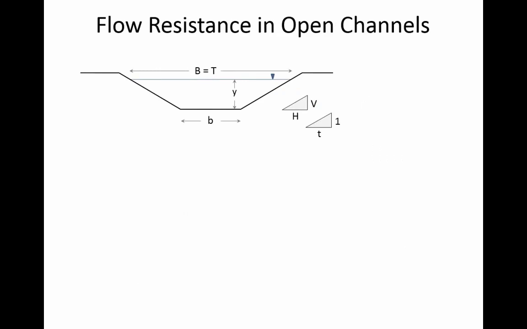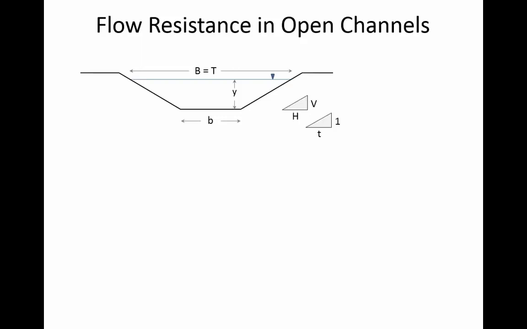So we've talked about pipes mostly. Let's briefly talk about open channels, even though we really won't get into it until the second half of the semester. Here's a trapezoidal channel, and the geometry of a trapezoidal channel is a little bit more complicated than it is for a rectangular channel. A rectangular channel is nice and easy because, for example, what is the cross-sectional area of a rectangular channel?